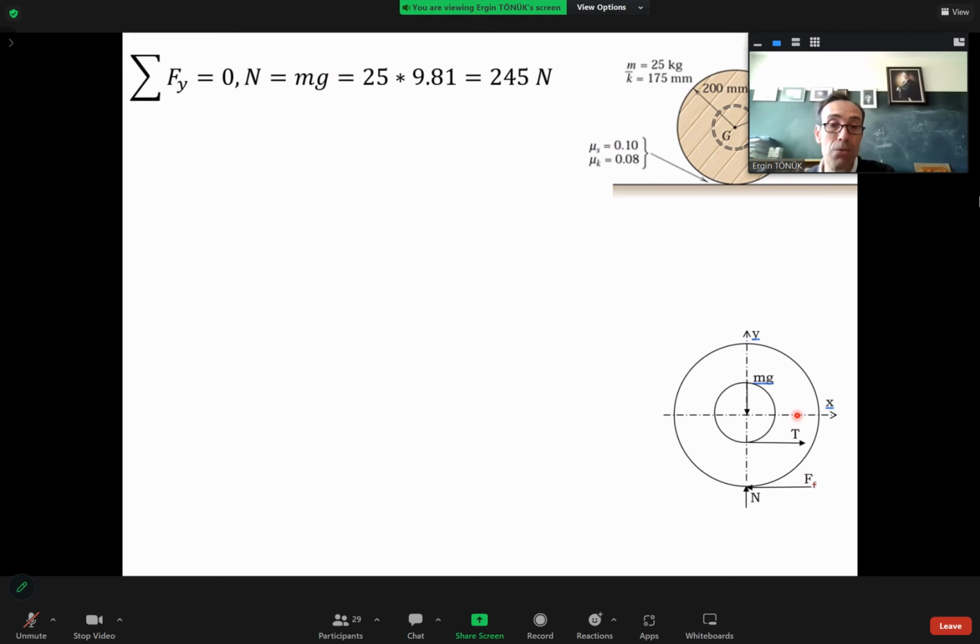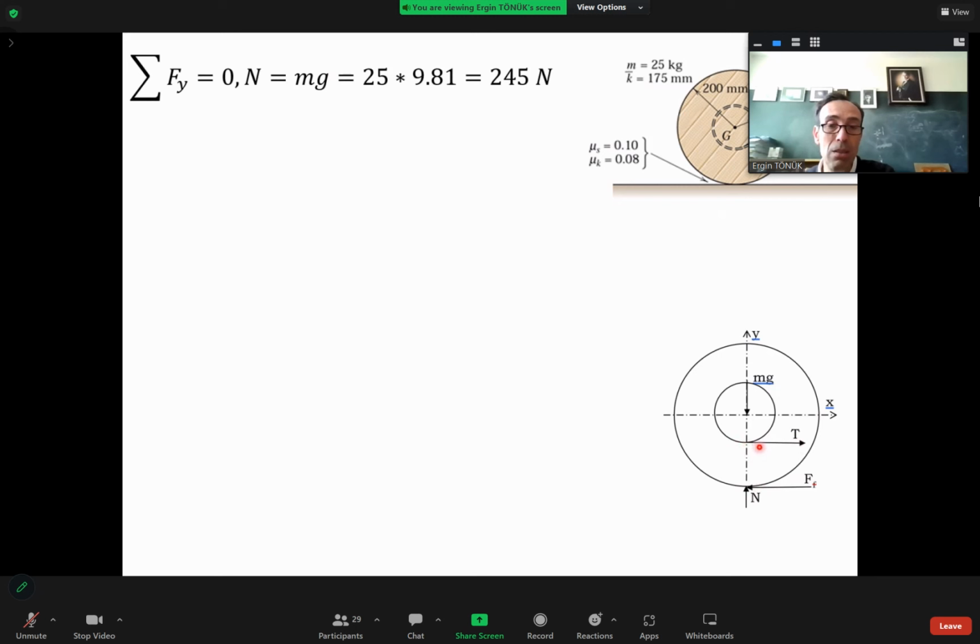Now, if T moves downwards, what would be the moment of T about the mass center? It would be a counterclockwise moment. Am I right? Again, suppose there would be no friction between the ground.